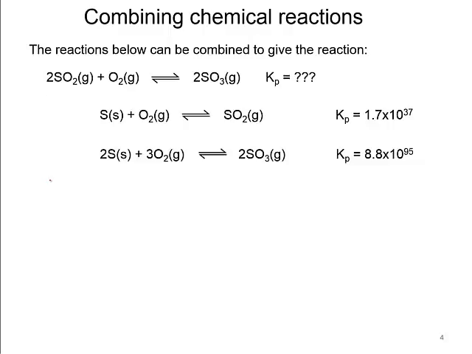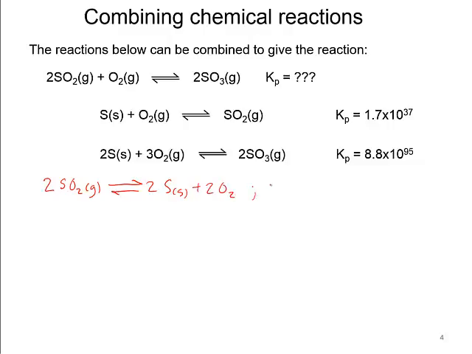So I'm taking the first known reaction, multiplying everything by 2, and flipping reactants and products to yield the new reaction.